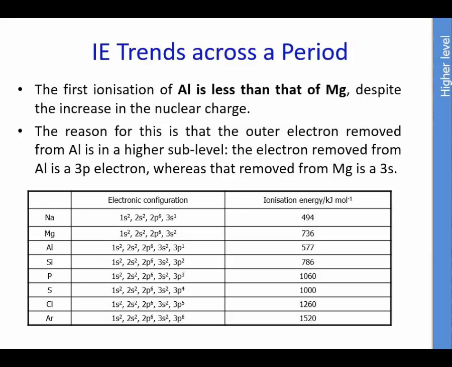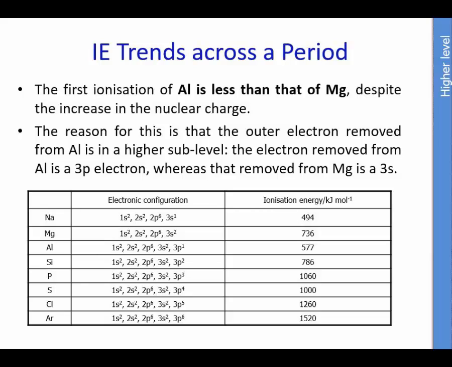Removing an electron from the 3p sublevel is a lot easier than removing it from the 3s sublevel, and the explanation for that would be because it's a different sublevel. It's slightly further away, so the distance is increased. So that's what makes it easier.